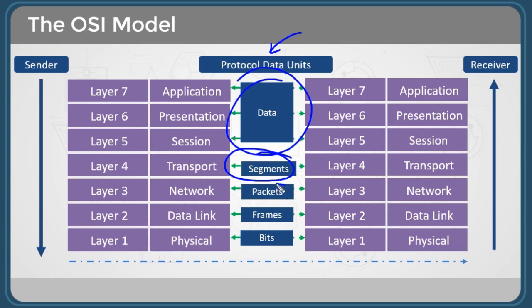At the network layer, we refer to the header as a packet, and the protocol data unit for the data link layer is referred to as a frame, because the data has a header on one end and a trailer on the other, meaning the data has been framed.